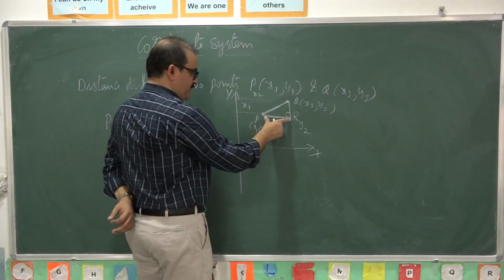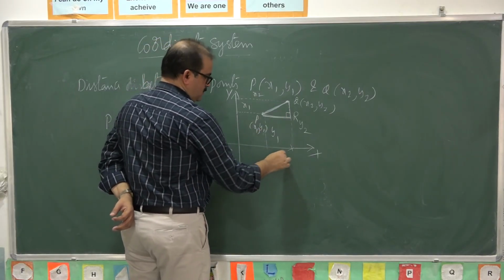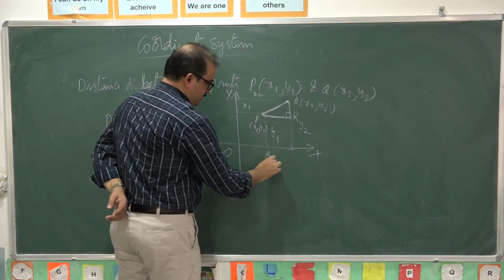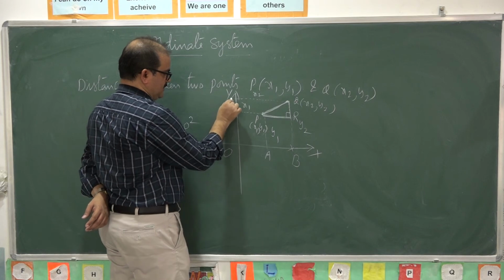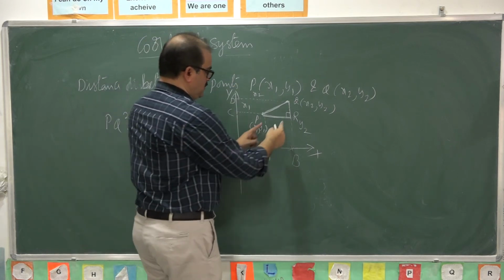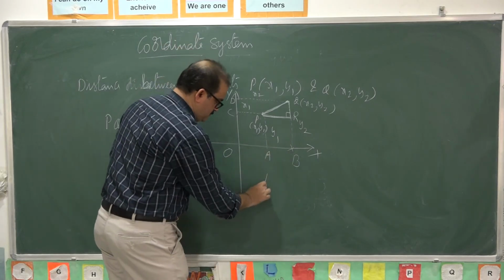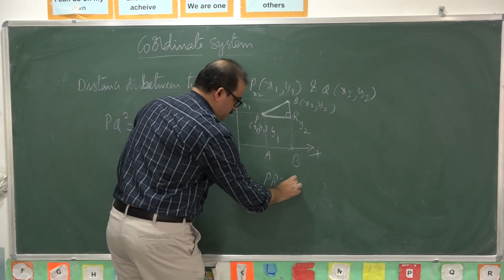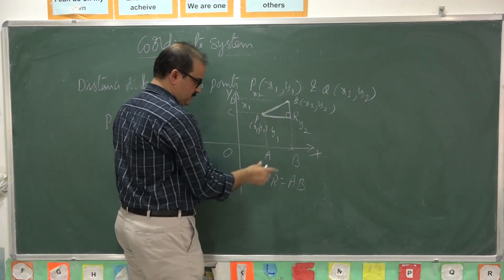Now first we find the length PR. Let it be A, let it be B, let it be C, and let it be D. PR is same as AB. The distance PR is same as AB.